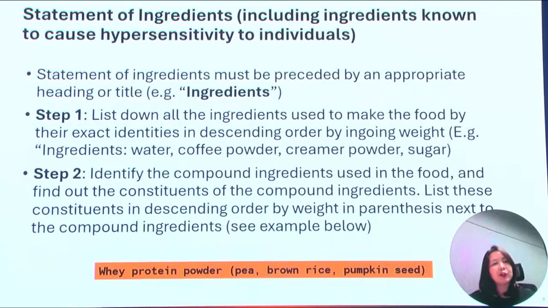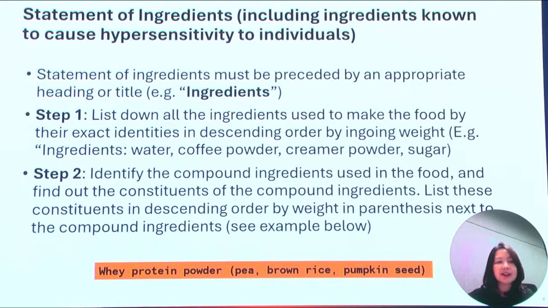Now I will zoom into the requirements of statement of ingredients, including the ingredients known to cause hypersensitivity to individuals. Statement of ingredients listed on the prepacked food must be preceded by an appropriate heading or title. For example, "Ingredients".